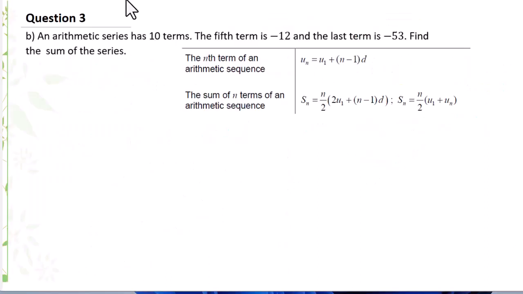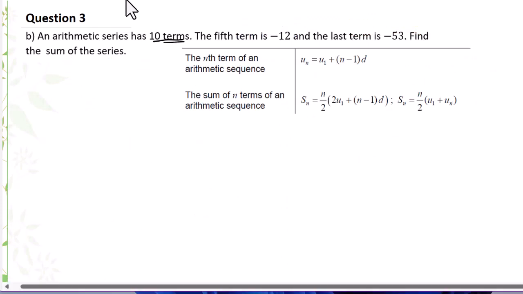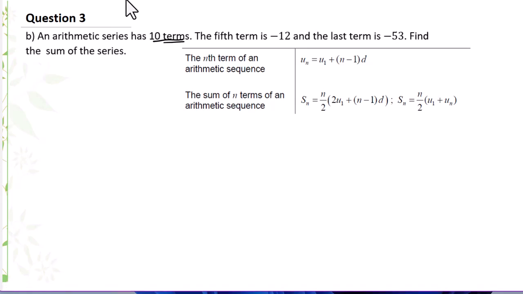Number 3. An arithmetic series has 10 terms. The fifth term is negative 12, and the last term is negative 53. Find the sum of the series. N equals 10. U sub 5 equals negative 12.